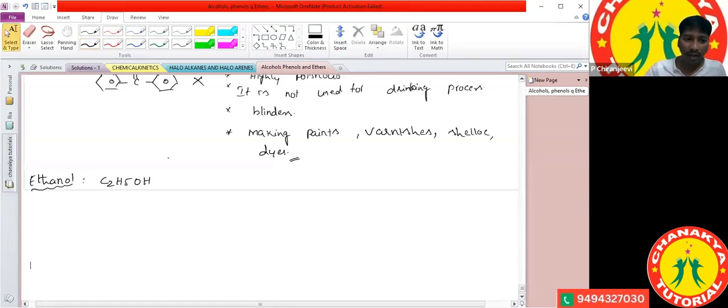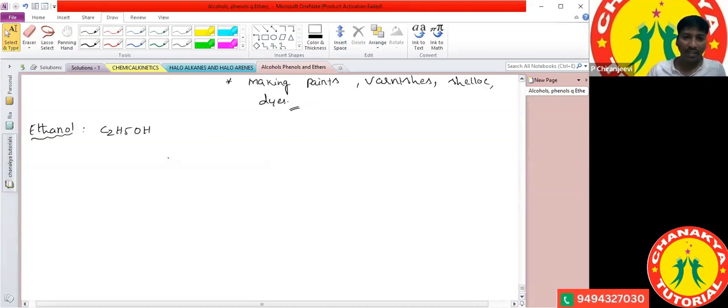Ethanol is prepared from molasses, or we can take grapes also. From grapes we can also prepare ethanol. The method we use is the fermentation method.